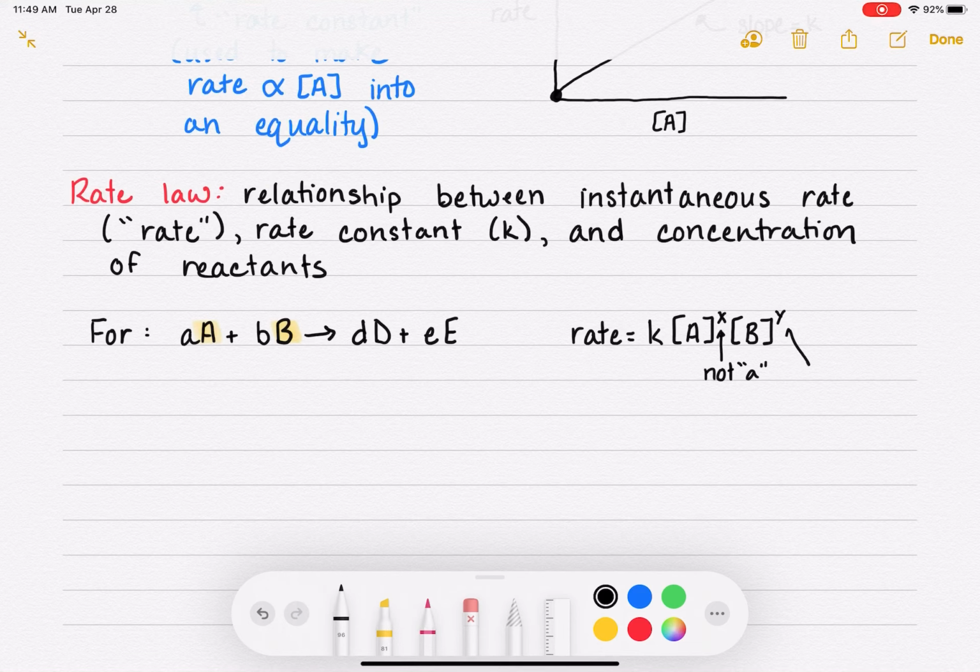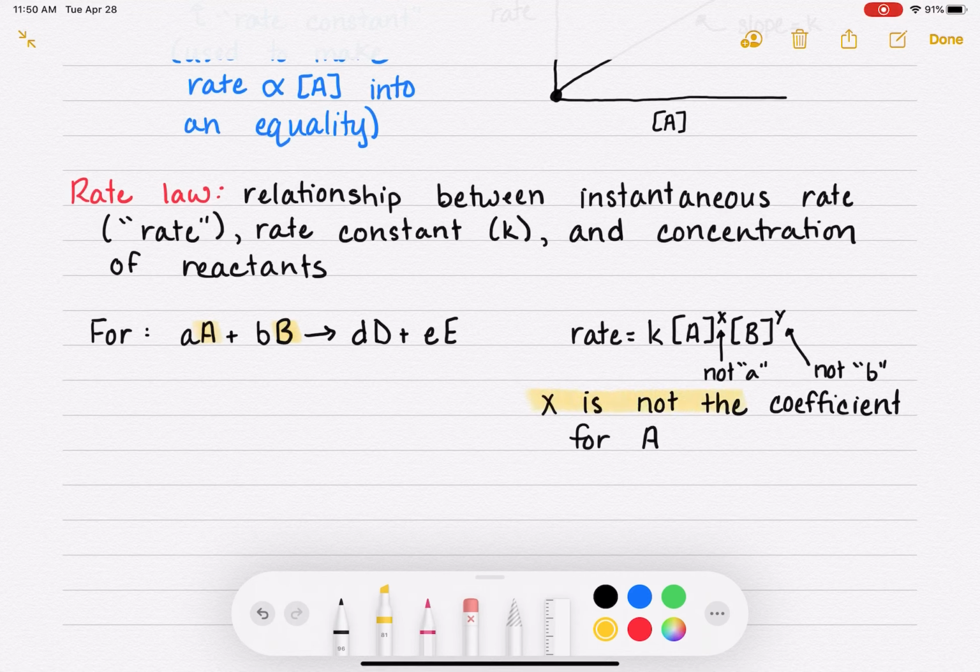I'm not using little b. These exponents, x and y, are not the stoichiometric coefficients of the reaction. So x is not the coefficient for molecule A, and y is not the coefficient for molecule B.